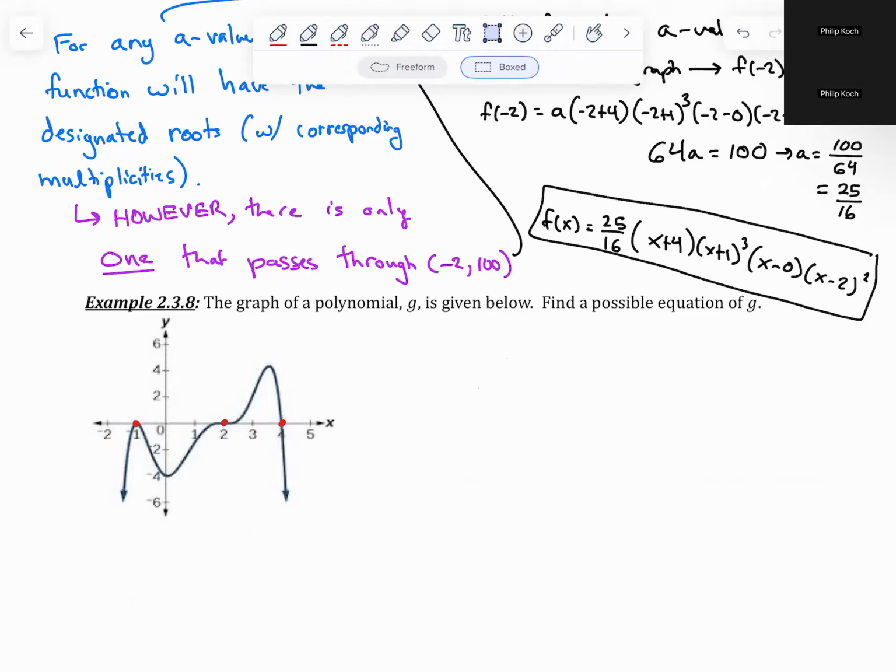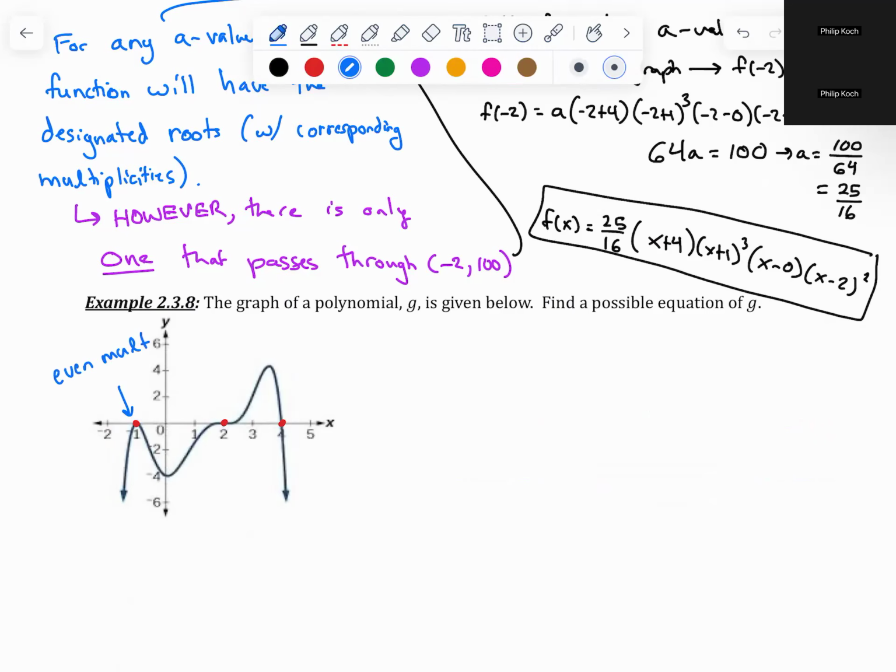So notice that it says find a possible equation. Because there's no way to know exactly the multiplicity, but we do know at least that the multiplicity is even. Right? This is an even multiplicity zero, because it bounces off and stays on the negative side of the x-axis.